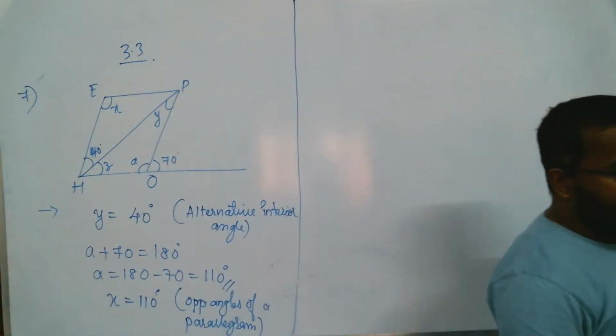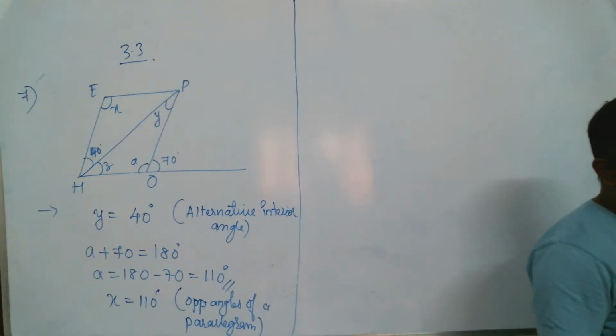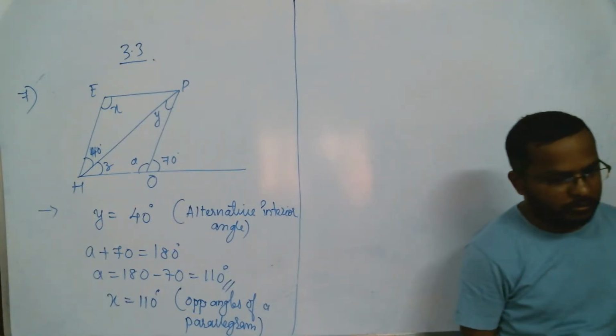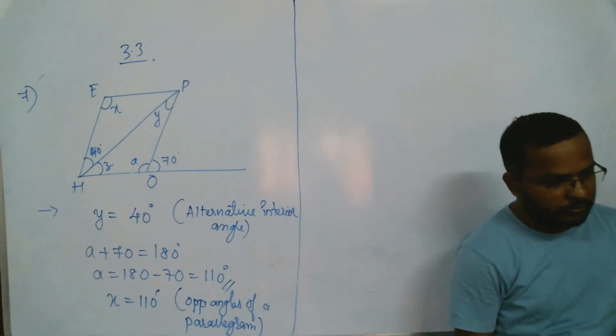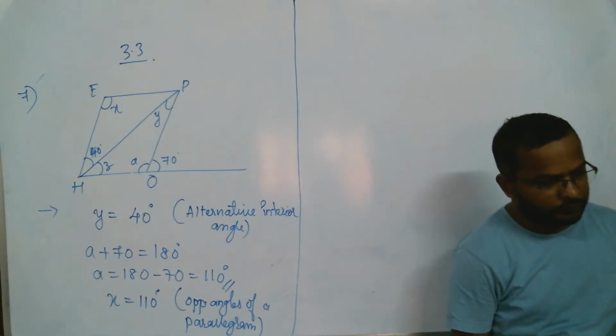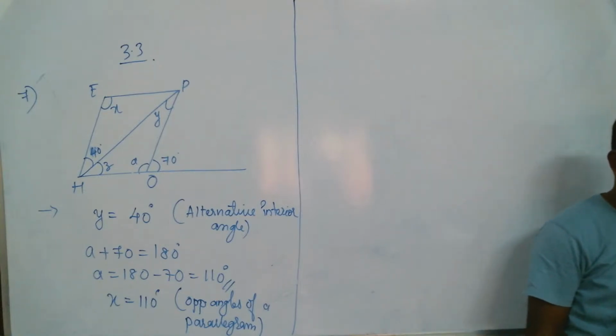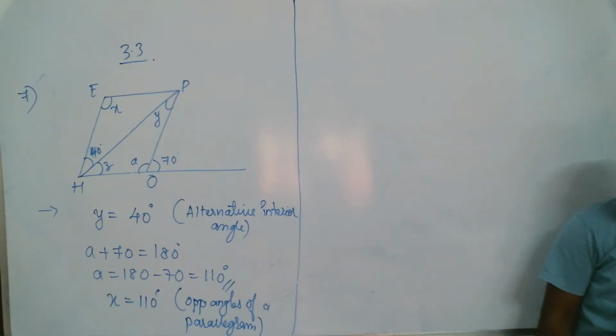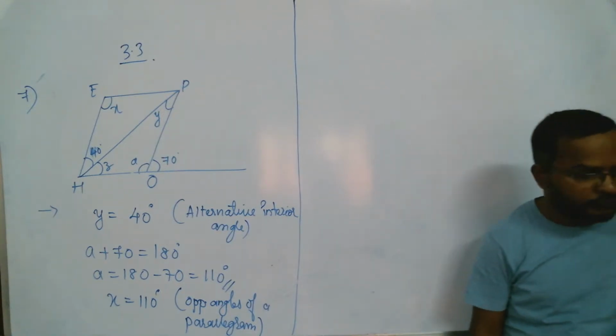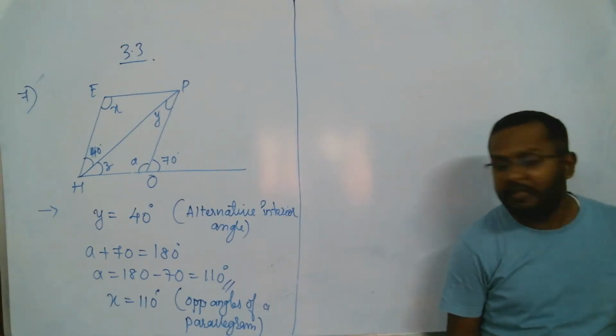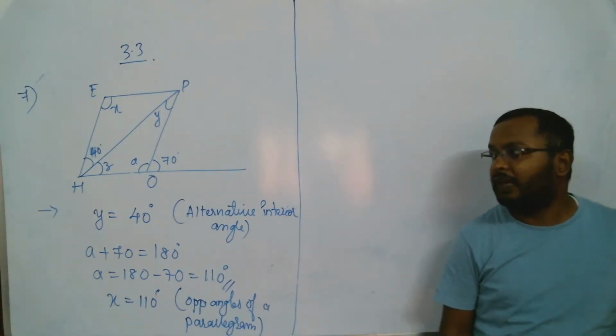So now we can find the value of z. Okay, very good. 70 minus 40, there also you get the value of z.